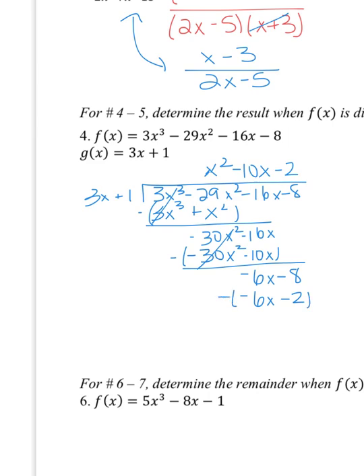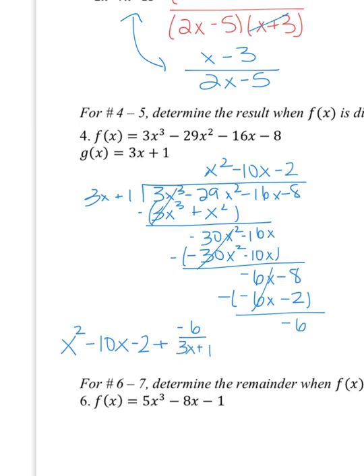Put that in parentheses and subtract again. Final time. Negative 6 minus negative 6 cancels. Negative 8 minus negative 2 is a negative 6. So then my result is x squared minus 10x minus 2 plus negative 6 over 3x plus 1.